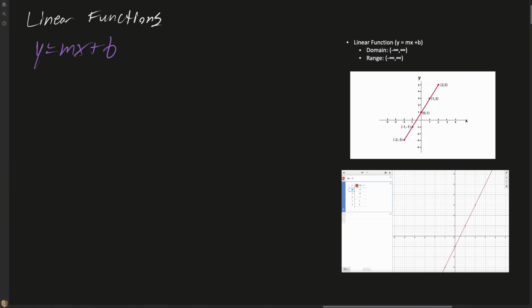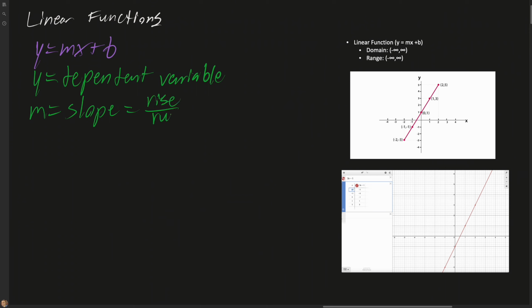We're breaking down the whole equation. y is considered the dependent variable. m is going to be considered the slope, which is also equal to the rise over run. x is going to be the independent variable. And b is going to be considered the y-intercept.